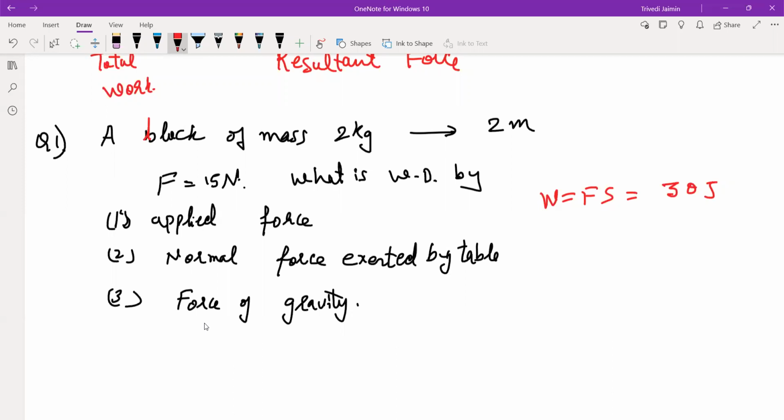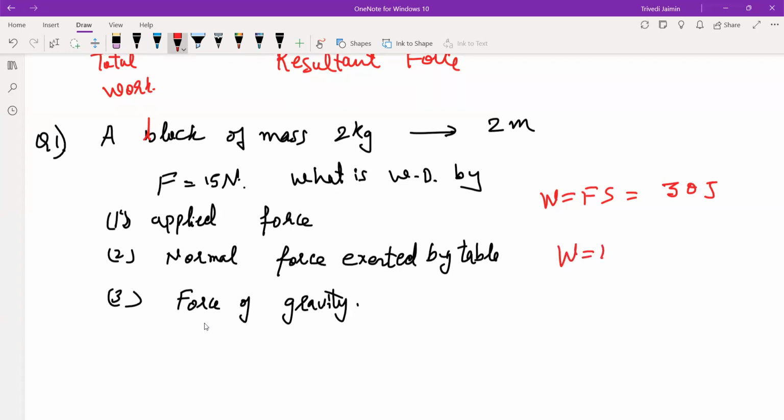How do you do it, sir, for the normal force and force of gravity? See, simple. Actually, there's nothing in this question. Normal force is what? Force which is exerted normally, in short, vertically. There is no vertical displacement.